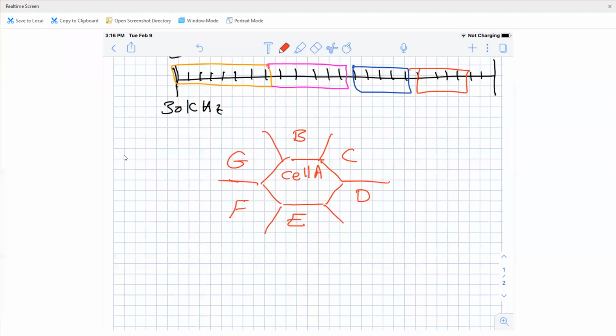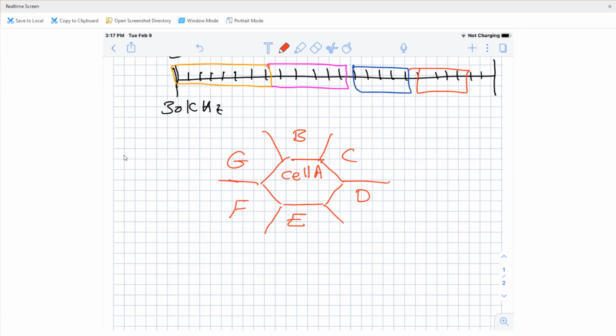Such a kind of configuration is called a 7-cell cluster. Okay, this kind of cell configuration is called a 7-cell cluster. Why? Now in this cluster we have 7 different groups of channels.